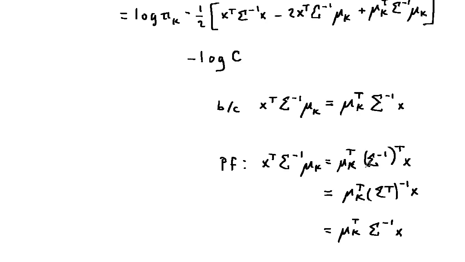So we get this, reversing the order and taking the transpose. But now the transpose of sigma inverse is the inverse of the transpose of sigma. So that's why we have this. And sigma is symmetric, so the transpose is just itself. So we get sigma inverse.